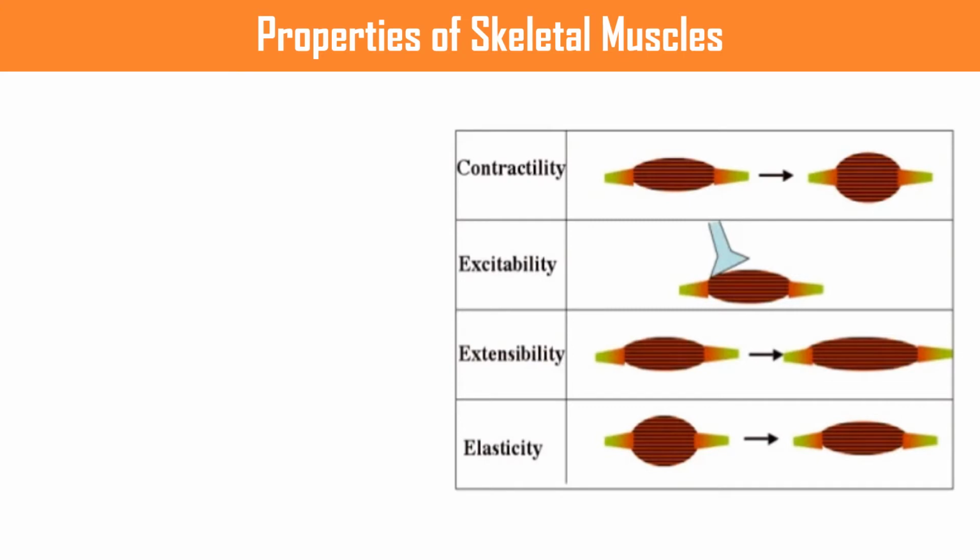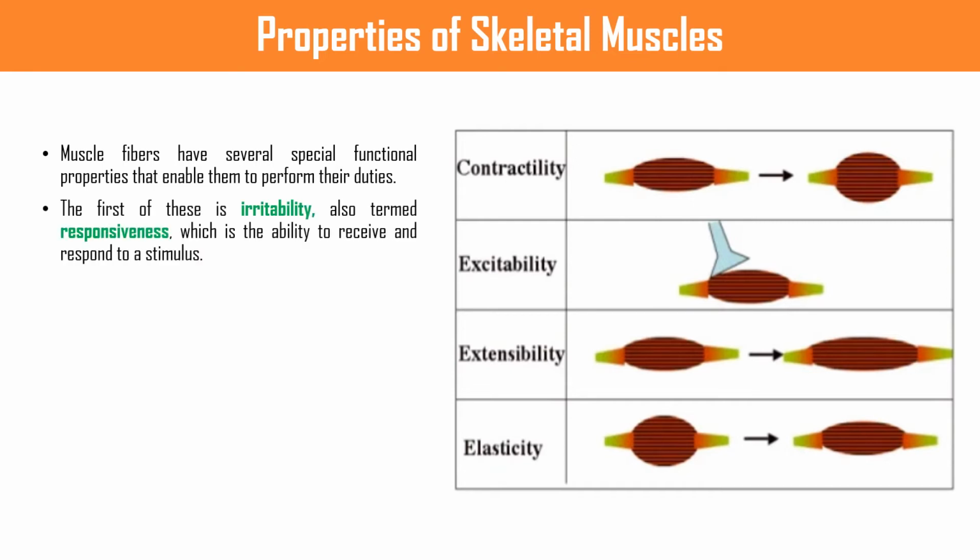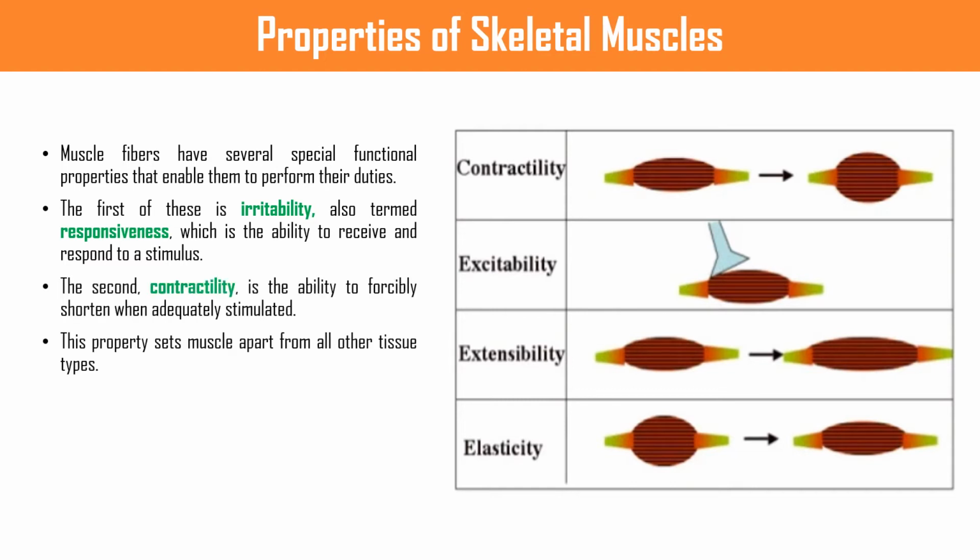Properties of skeletal muscles. Muscle fibers have several special functional properties that enable them to perform their duties. The first of these is irritability, also termed responsiveness, which is the ability to receive and respond to a stimulus. The second is contractility. It is the ability to forcibly shorten when adequately stimulated.